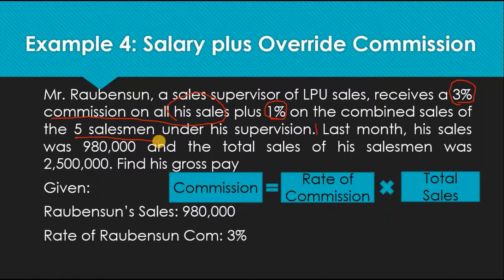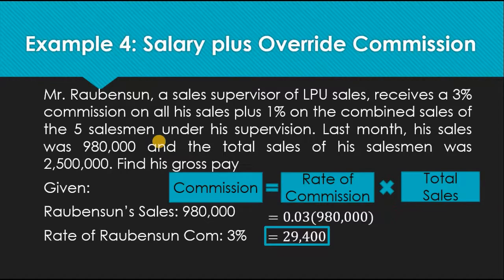In this problem, let's first solve Robinson's commission on his own sales. His sales is $980,000 with a commission of 3%. So using the formula, let's substitute that. Rate of commission is 0.03. The sales of Robinson is $980,000. That is $29,400. In short, Robinson's commission from his own sales is $29,400.